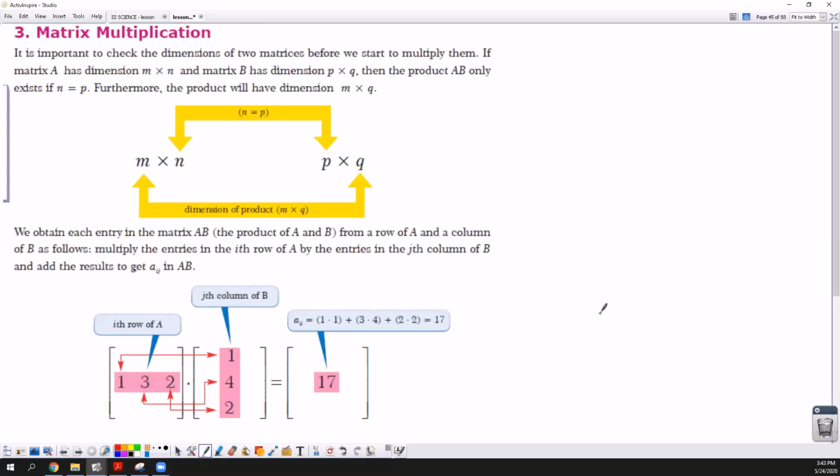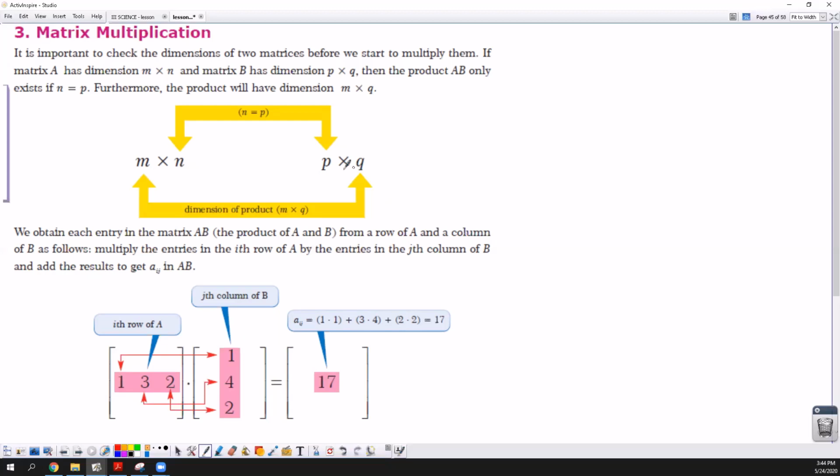In this section, we're going to talk about matrix multiplication. First, before we multiply two matrices, we are going to focus on their dimensions. The first matrix is m times n and the second matrix is p times q.